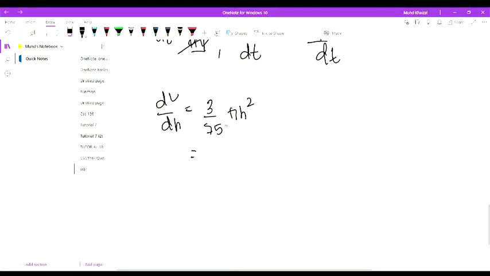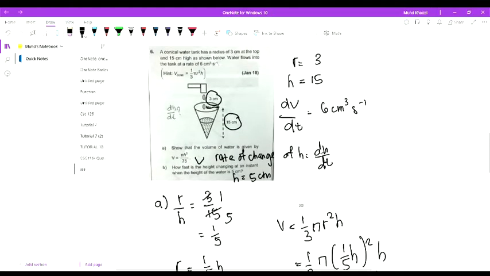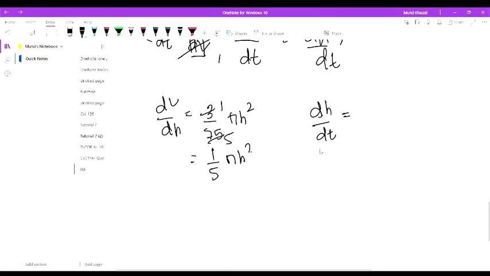We simplify it to the simplest form, 1 over 5, so it is 1 over 5 pi h squared. After we got this answer, we need to replace it into the formula that we made just now. dH over dt equals, what's the amount of dV over dt? 6 cubic centimeters per second.